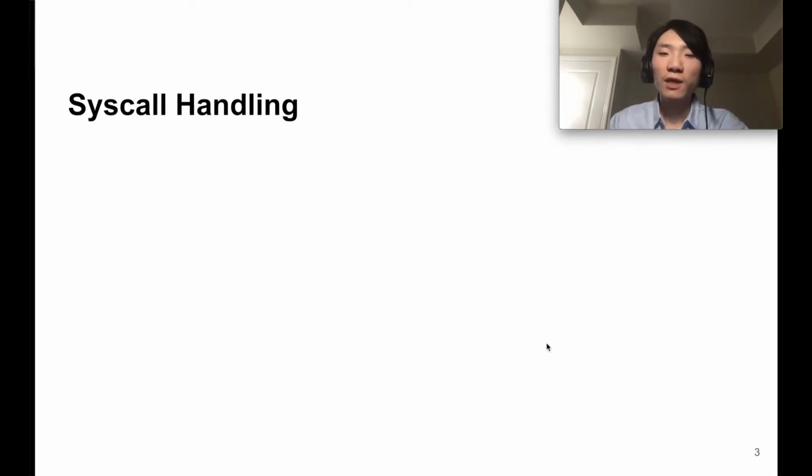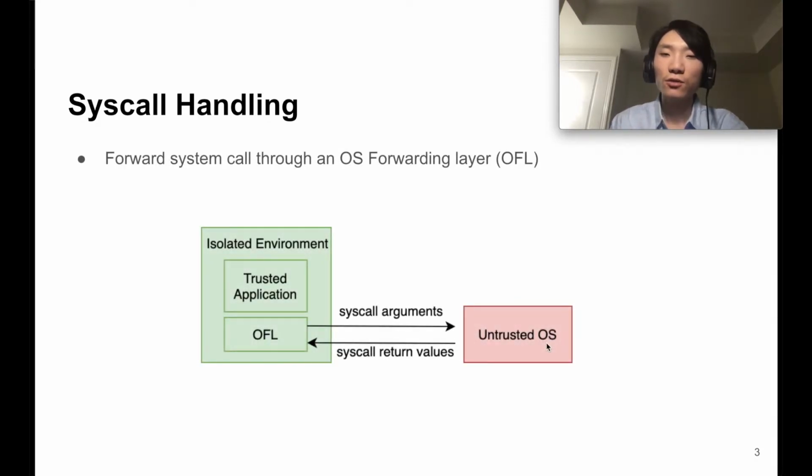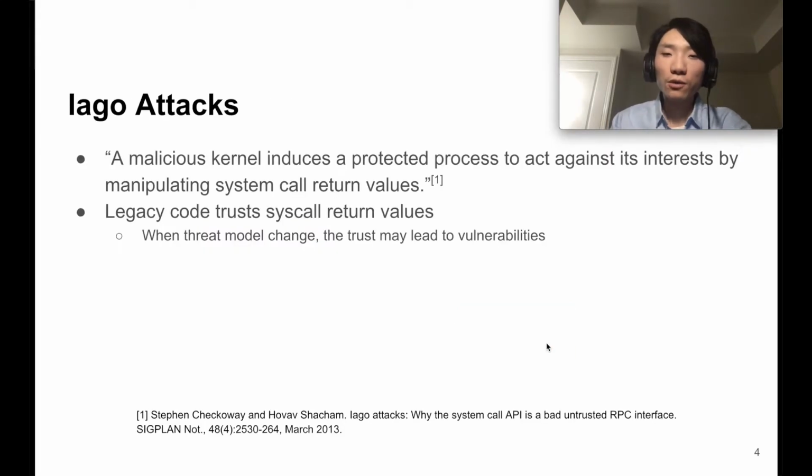Thus, many isolation techniques adopted a solution to create an OS forwarding layer, short as OFL, which forwards syscalls to the untrusted OS and copies back return values to the application's address space. Forwarding syscalls to the untrusted OS exposes an attack surface from syscall return values.